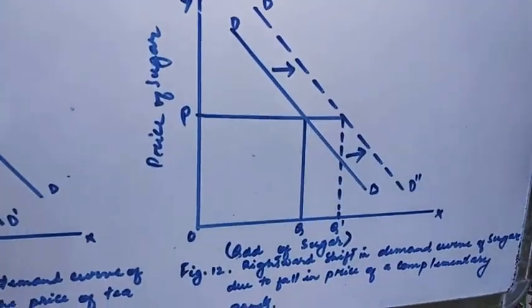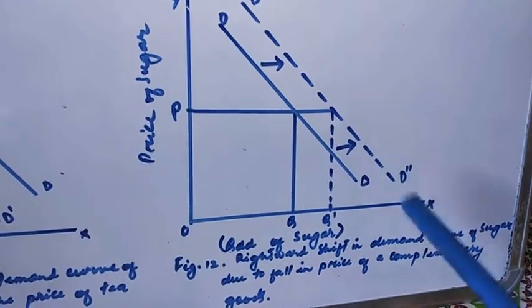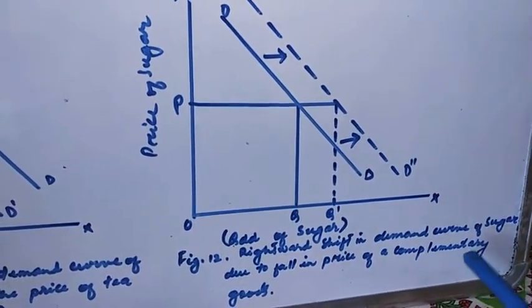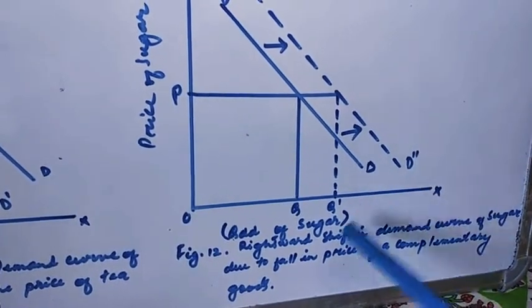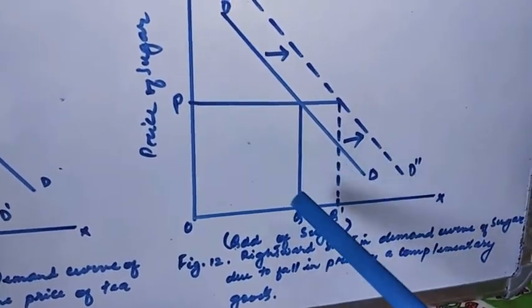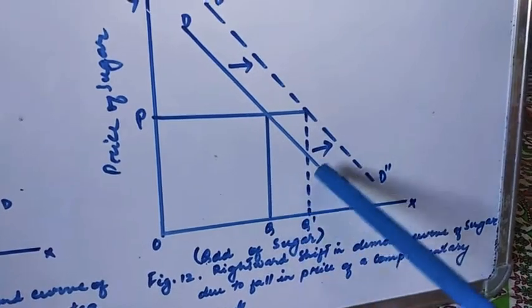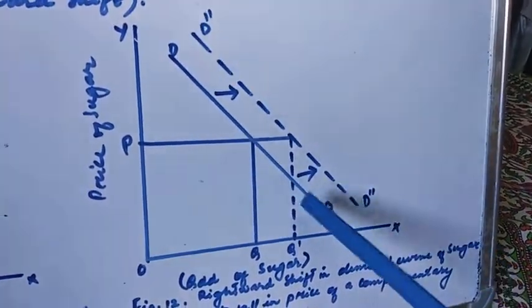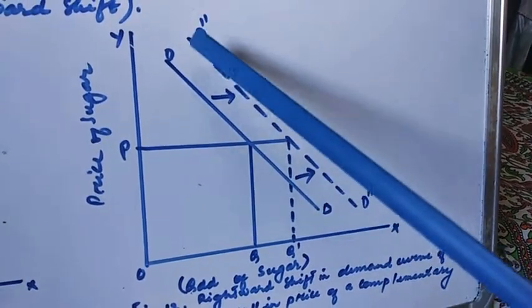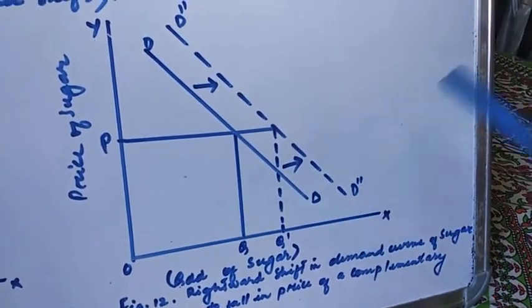Again, figure 12 shows what will happen when there is a fall in the price of a complementary good, that is tea. When the price of tea falls, what will happen to the demand for sugar? The demand for sugar increases, and that is why we have a rightward shift of the demand curve from DD to D double dash D double dash.